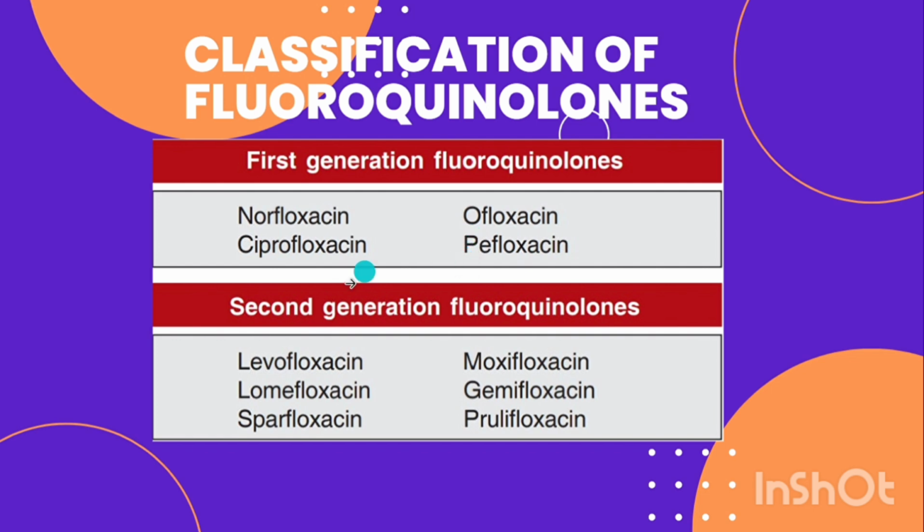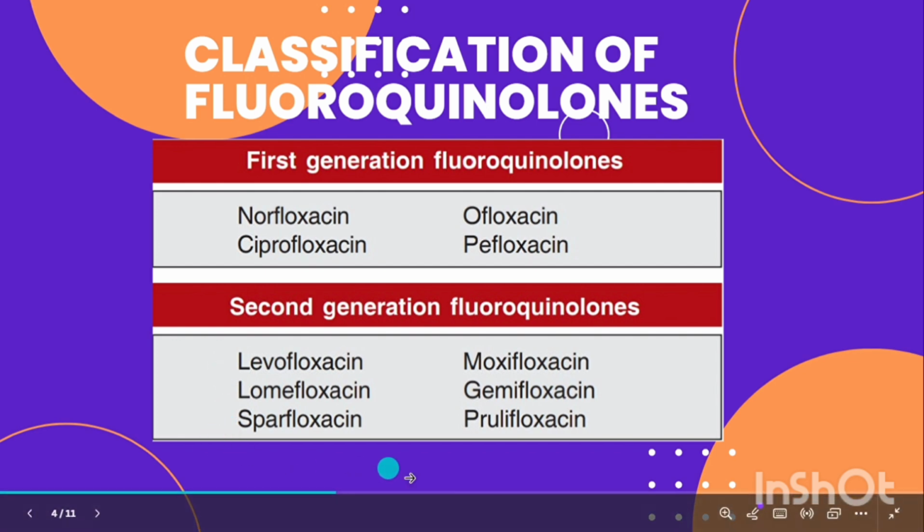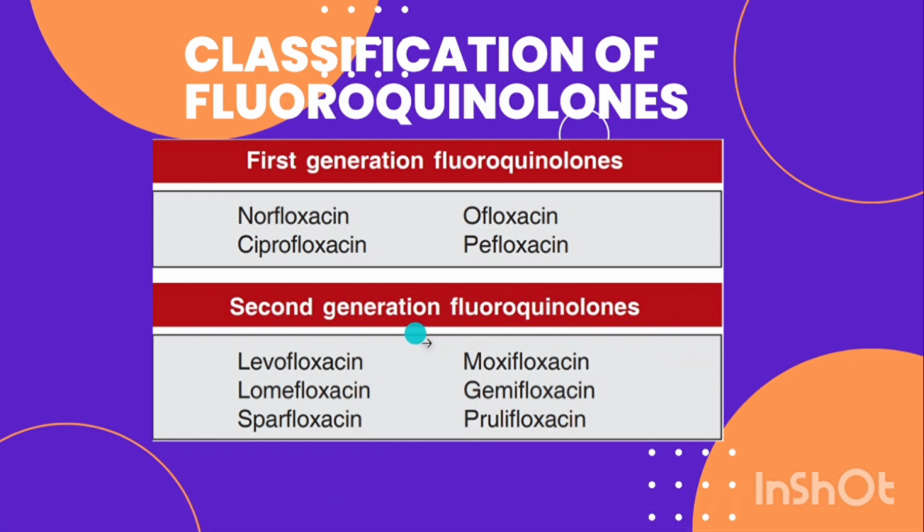And in the second generation, we have 6 drugs: levofloxacin, lomefloxacin, sparfloxacin, moxifloxacin, gemifloxacin as well as prulifloxacin. Second generation fluoroquinolones have an extended antimicrobial activity towards cocci and anaerobes, that is the gram-positive bacteria, as well as a longer half-life.